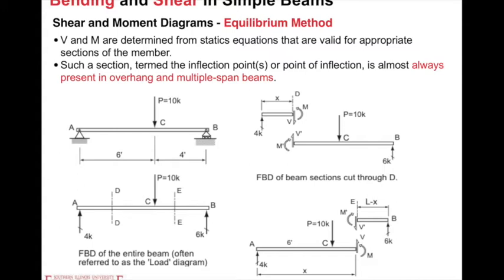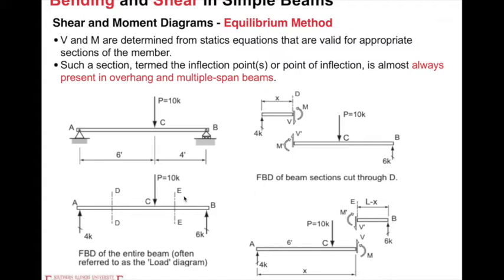By solving these equilibrium equations, we can calculate the shear and the moment in the cross-section area, and then if we want to calculate the stress, we can divide it by the cross-section area. So the idea is like this.